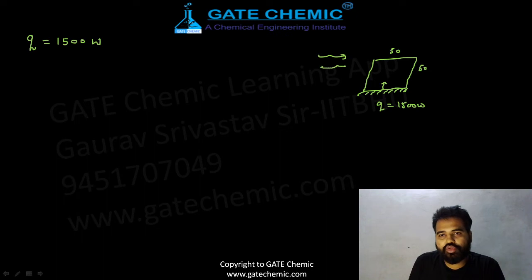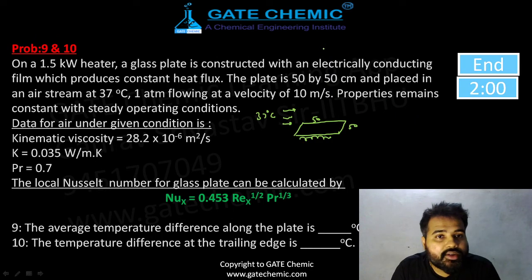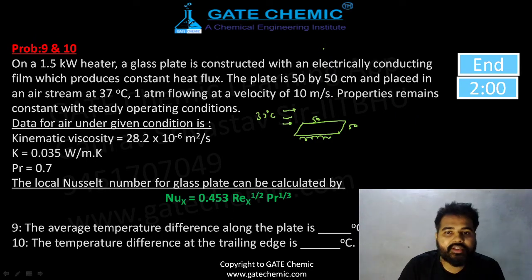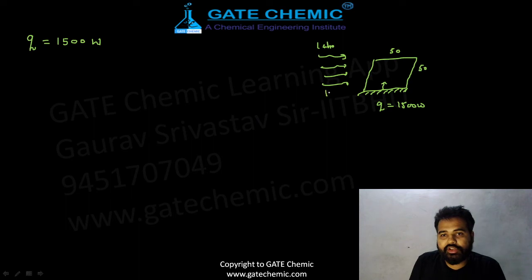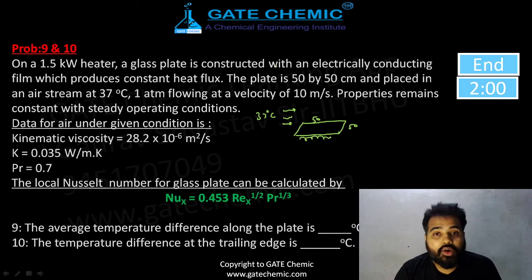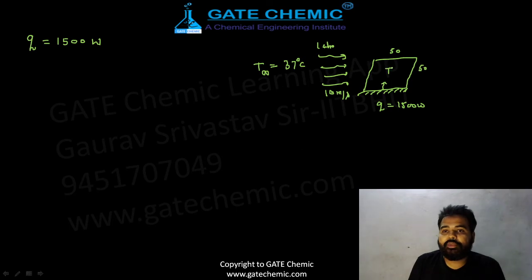Air is also flowing and available at 1 atm, 37 degrees Celsius, velocity 10 meter per second. That means this is your beta T infinity. Now wall temperature is not given, so I am mentioning wall temperature as Tw.